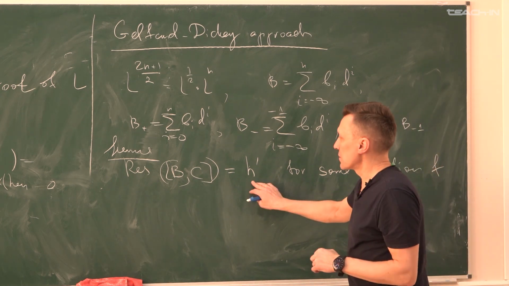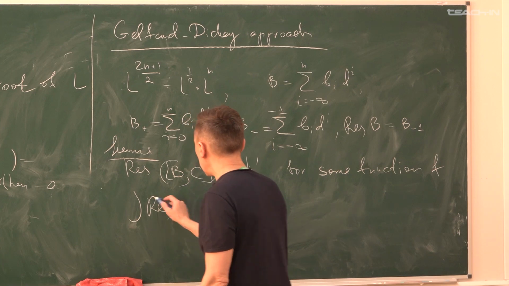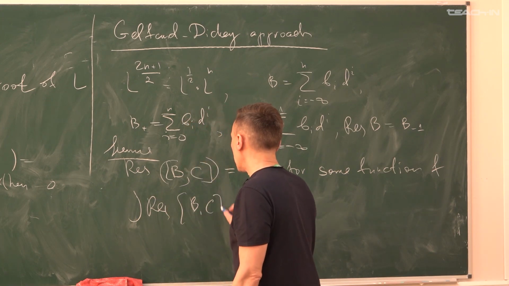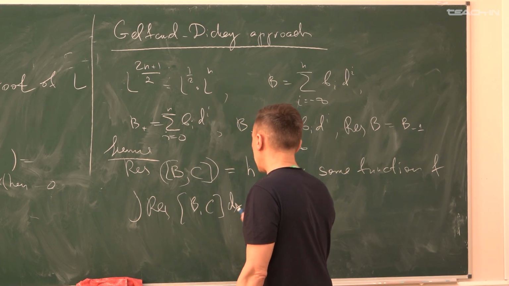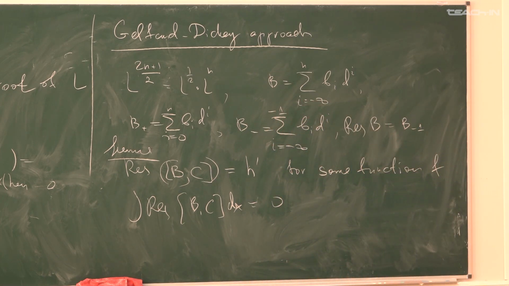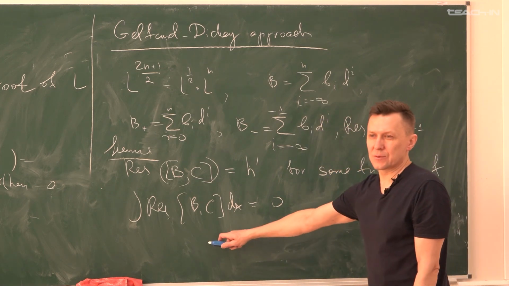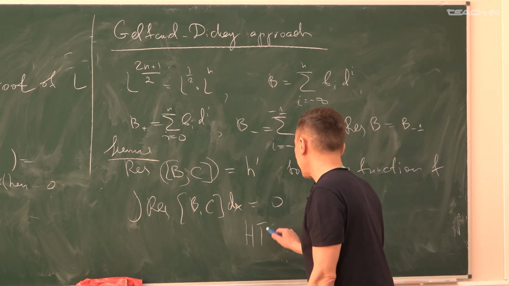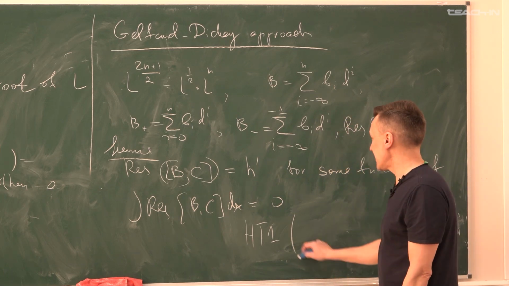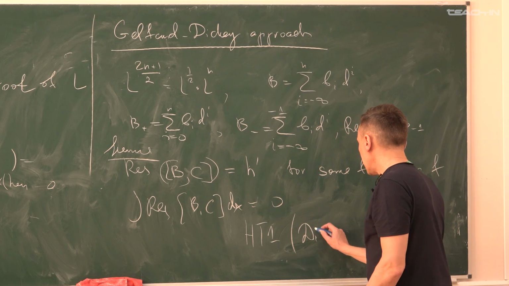So it's a derivative, and it means that the integral of the residue of the commutator over x is 0. I will not spend our time on this, but it will be the whole task 1. It can be found in the book of Dickey.